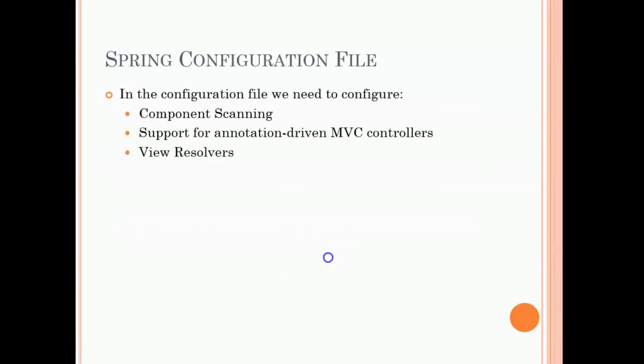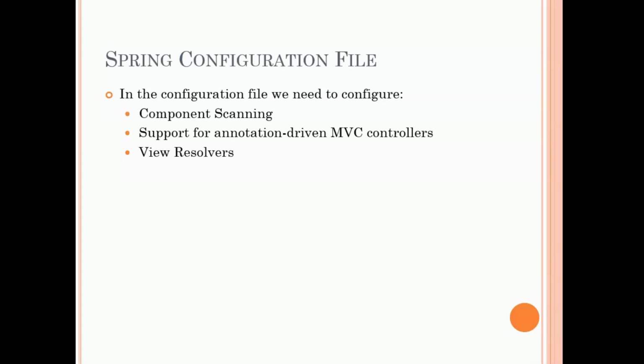Now, this Spring configuration file needs to configure three things primarily for a basic Spring MVC app to work. Okay, one, we need to configure the component scanning, so that the Spring container can look for packages where it can find all the controllers or all the container managed objects.